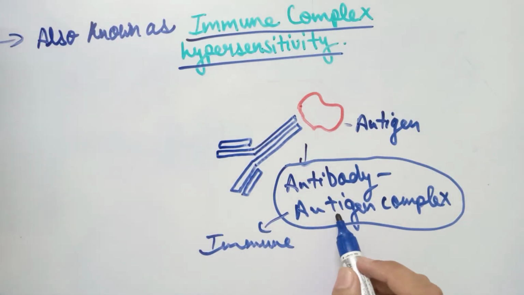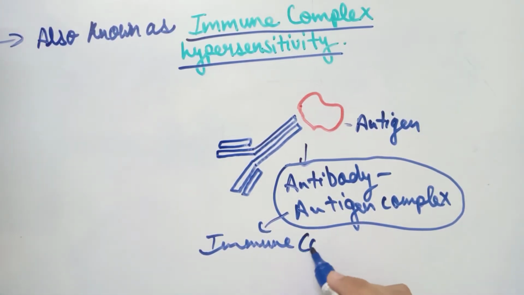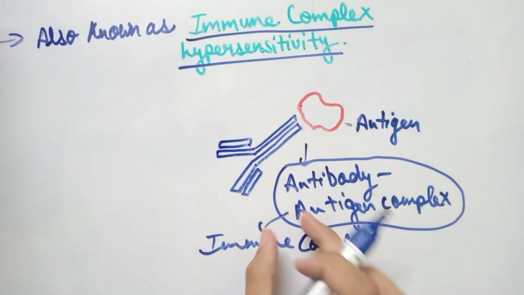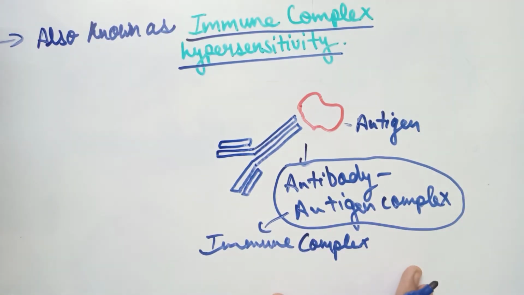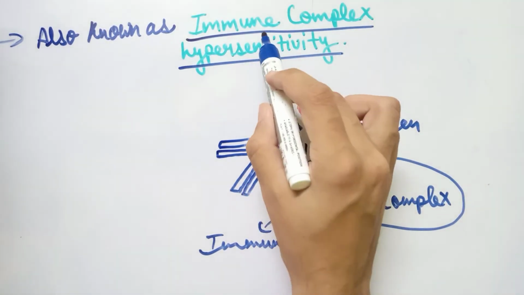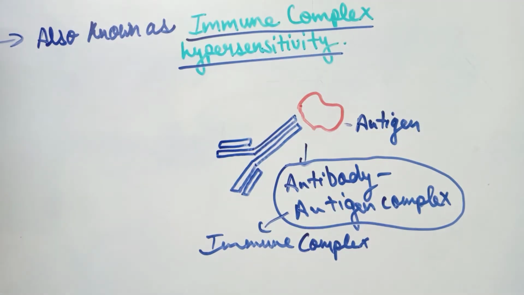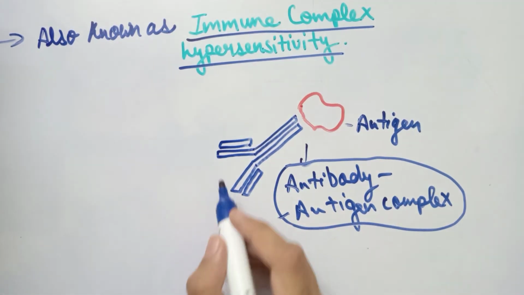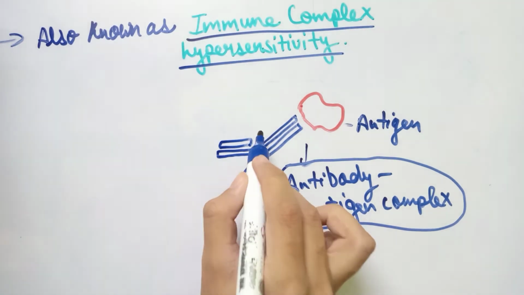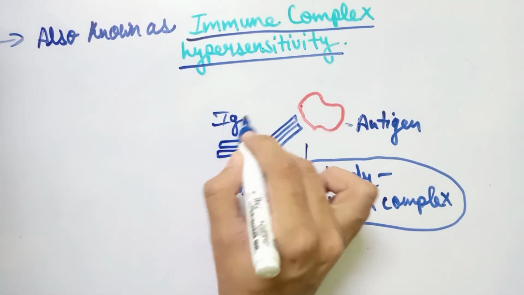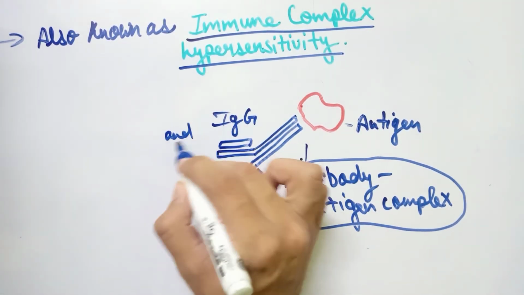And this antibody antigen complex acts as an immune complex. And thus this immune complex is responsible for further hypersensitivity. That's why this is known as immune complex hypersensitivity. Type 3 hypersensitivity reaction is mediated by IgG and IgM class of antibodies.